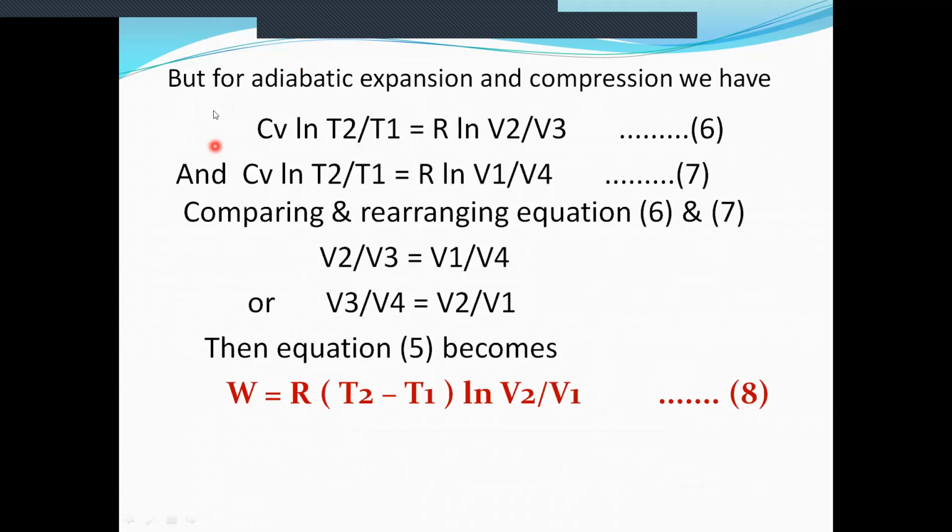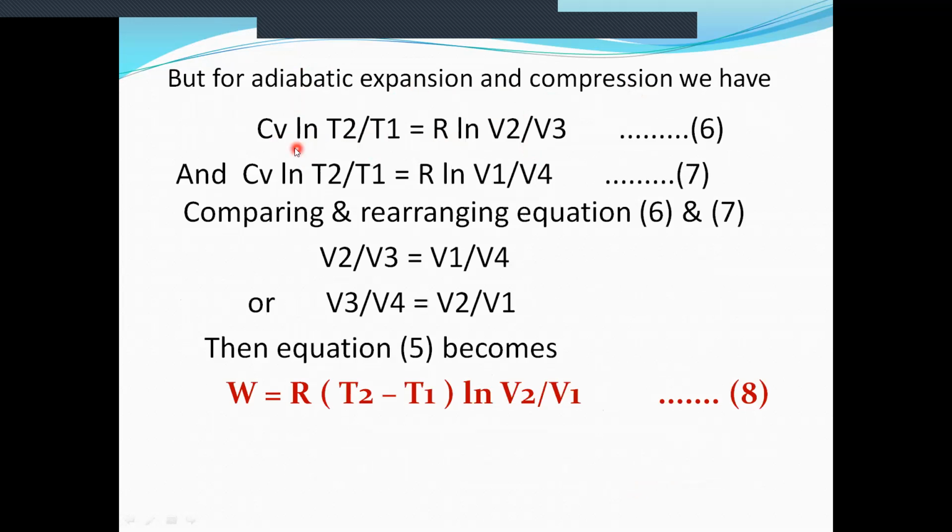Now, for adiabatic expansion and compression, we have to remember this equation, which we have taken from thermodynamic concepts: CV ln T2/T1 is equal to R ln V2/V3. This is for adiabatic expansion and compression.